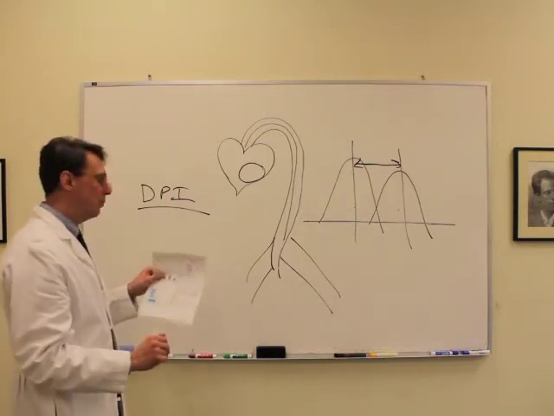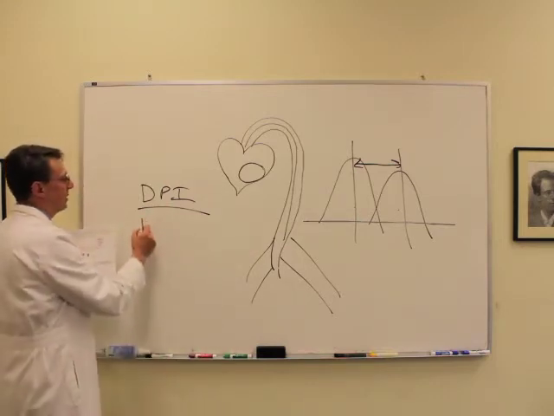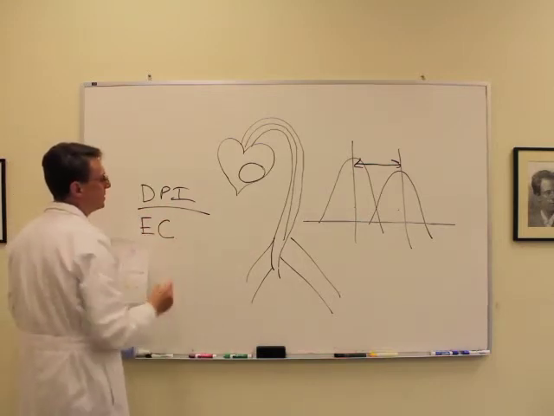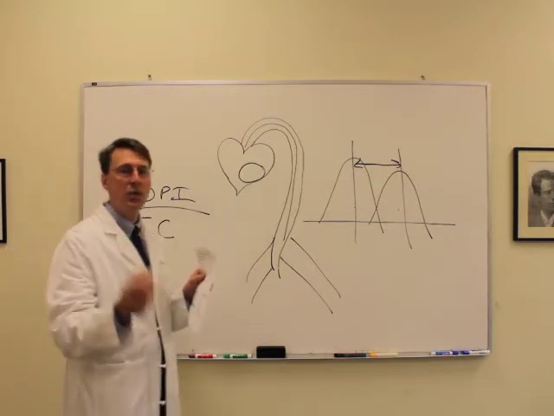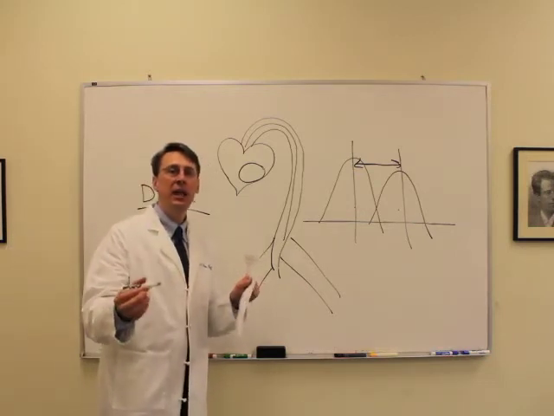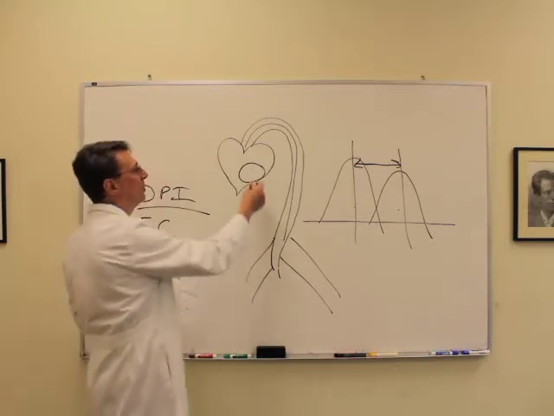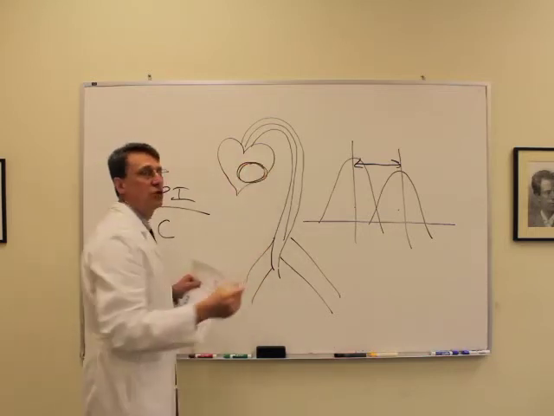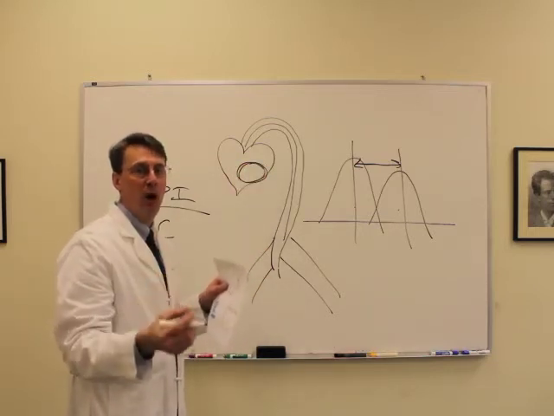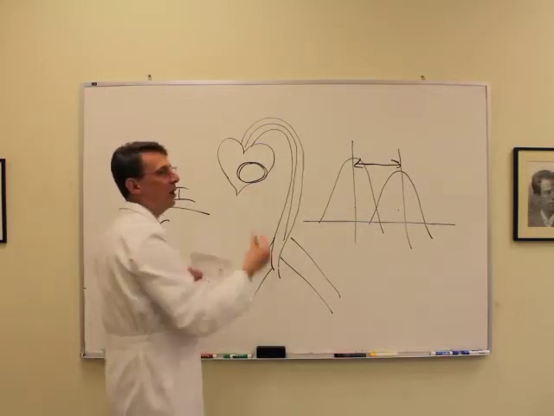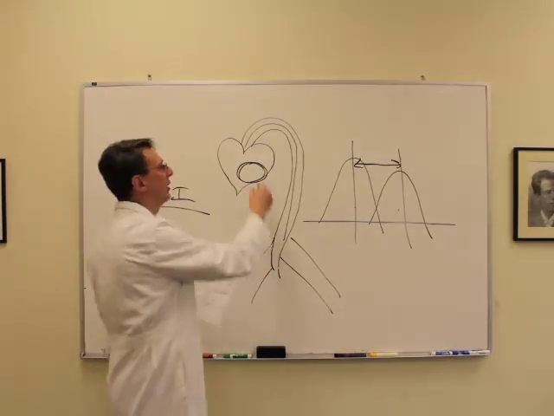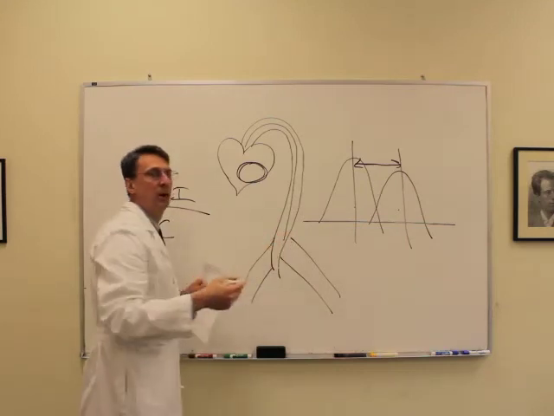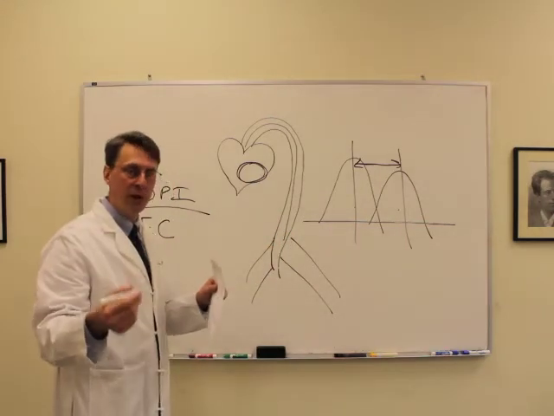The second component that we'll be looking at, EC, stands for eccentric contraction. And this is an indicator of how strong the contraction of the ventricle was. That is, the part of the heart that actually is pushing the blood into the aorta. We're determining how strong that was.